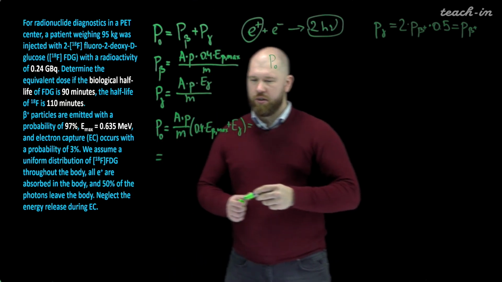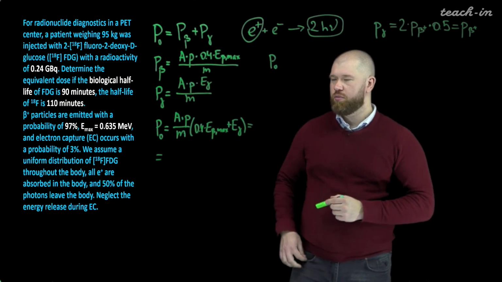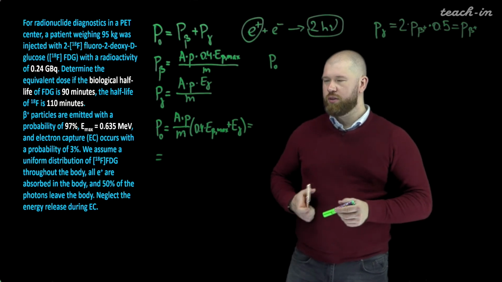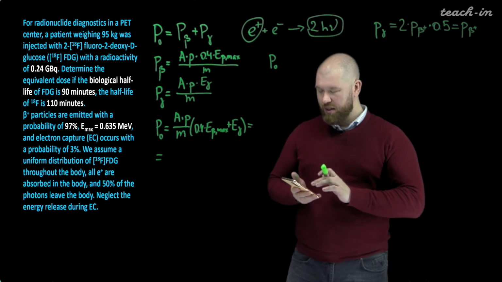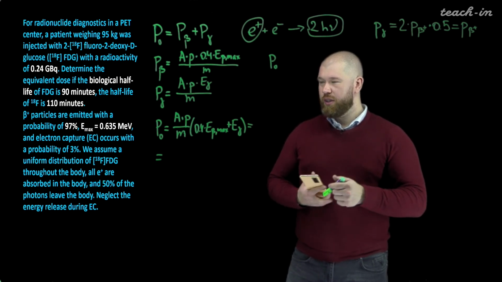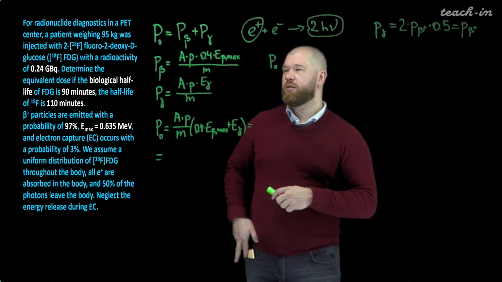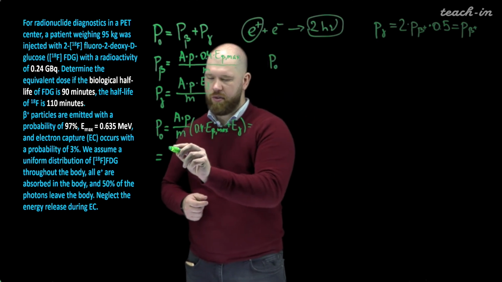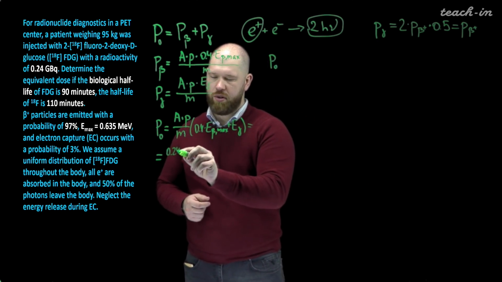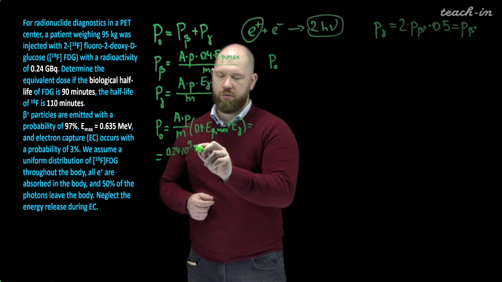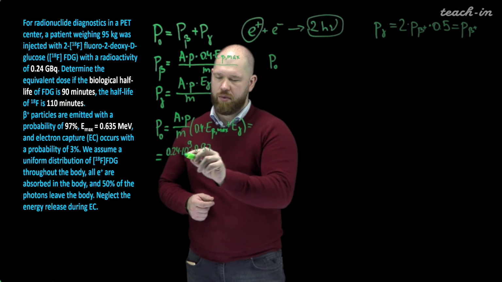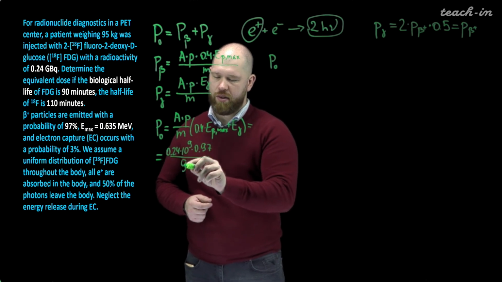Let's calculate it, just to not take all these letters, all these annotations further. So I will write first all the numbers. Activity is 0.24 giga becquerels. Intensity is 0.97. Mass is 95 kilos.